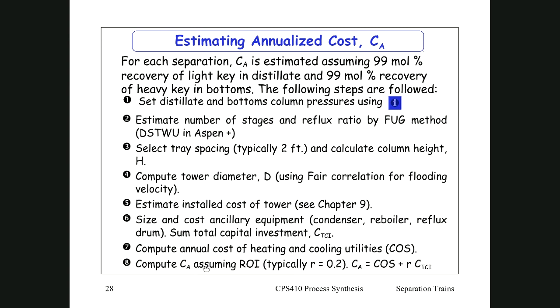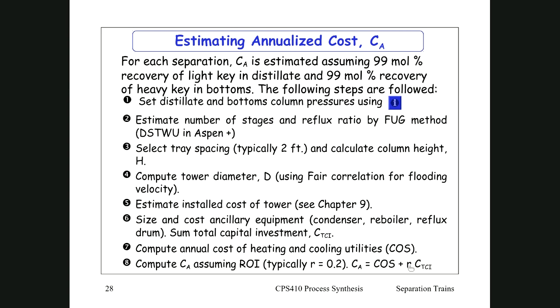Then you can compute the annualized cost, this CA that we're talking about up here, computed by assuming a return on investment, typically R equals 0.2. Annualized cost is cost of sales, plus R times the total capital investment.